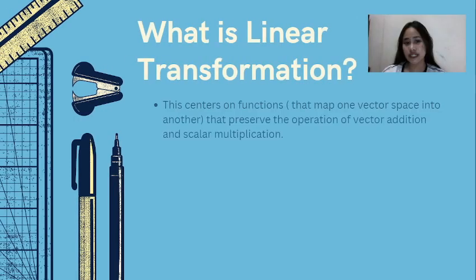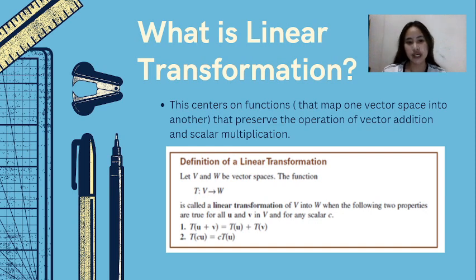So, what is a linear transformation? A linear transformation centers on functions that map one vector space into another, that preserve the operations of vector addition and scalar multiplication. It is also known as a linear map or linear operator, a function that preserves certain algebraic properties of vector spaces.